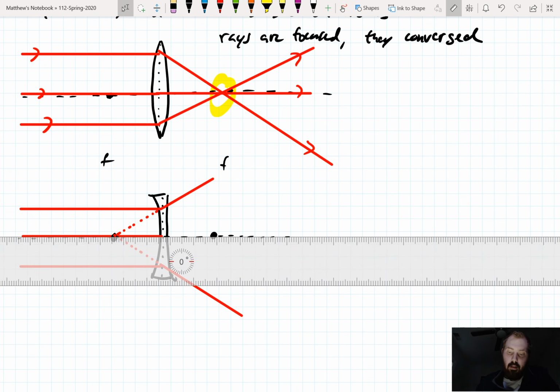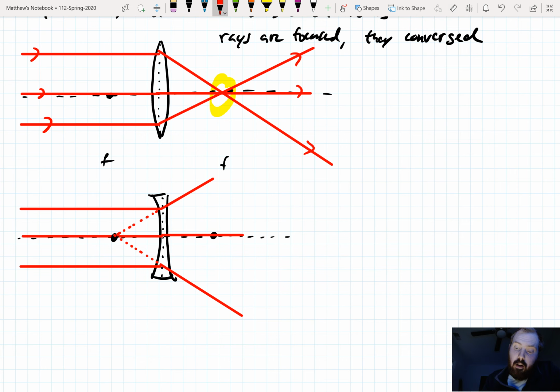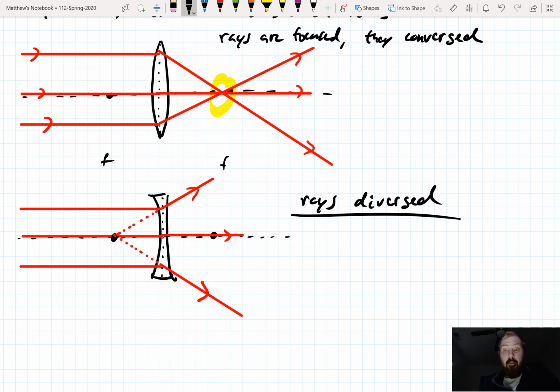And this guy, well, it went straight through the center. So you get to keep going. The rays diverge. They fly away. All right, let's do some practice problems using the diverging lens.